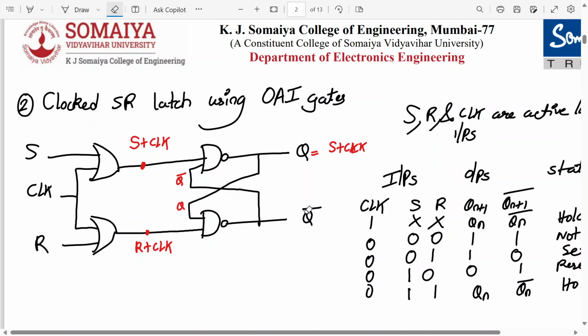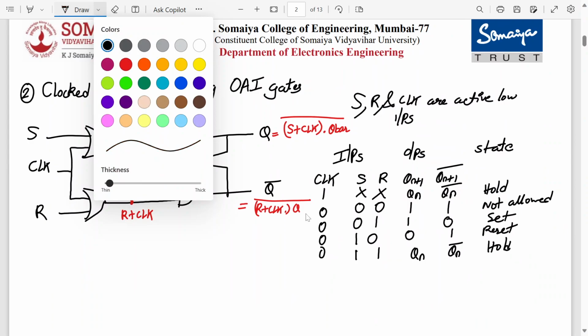Okay, yeah, correct. S plus clock dot Q bar, right? The whole bar. Yes, sir. This is R plus clock dot Q the whole bar. So please write down these equations.